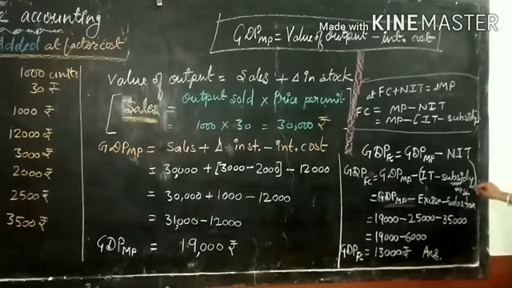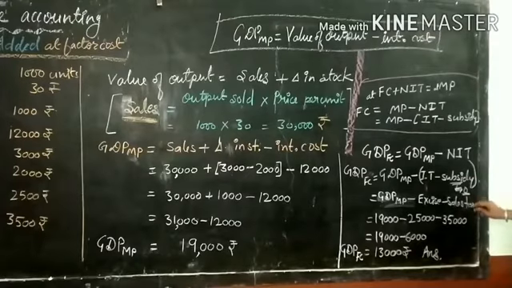Next, indirect taxes. Indirect tax is not directly given in the question, no term called indirect tax is given, but instead of indirect tax, excise duty and sales tax are given. Excise and sales tax are also a form of indirect taxes, so we will use both these terms as indirect taxes. GDP MP minus excise minus sales tax.